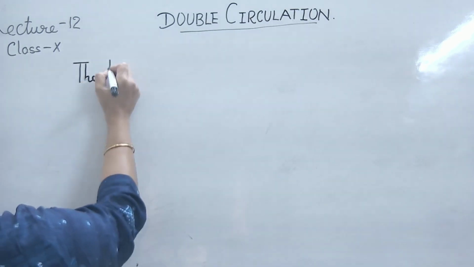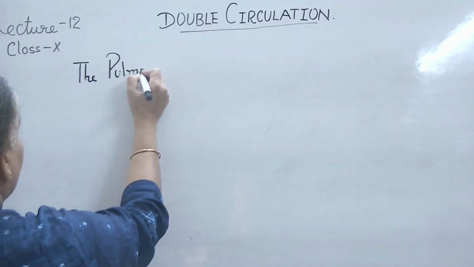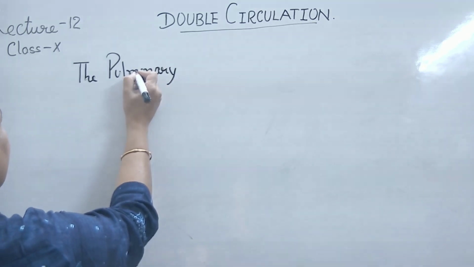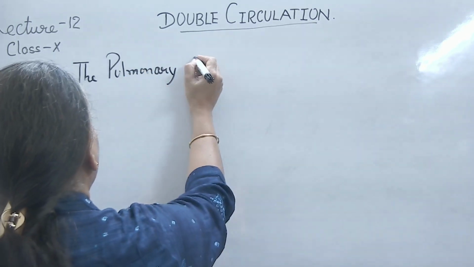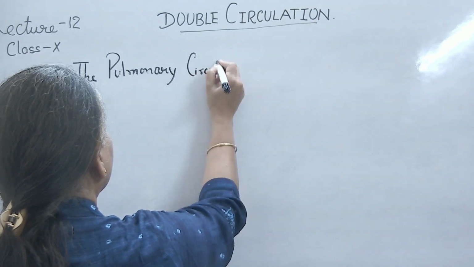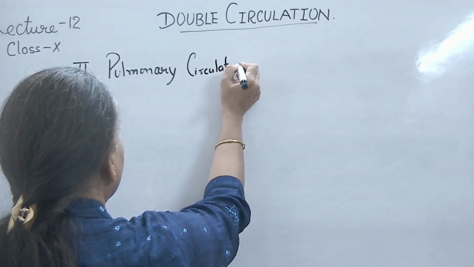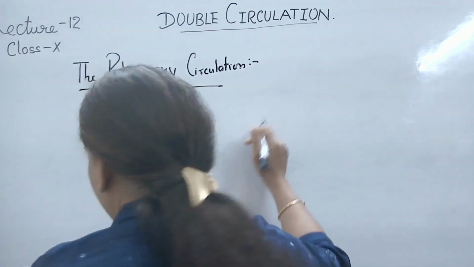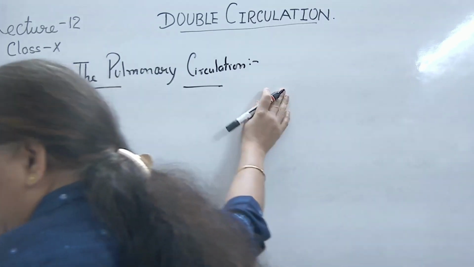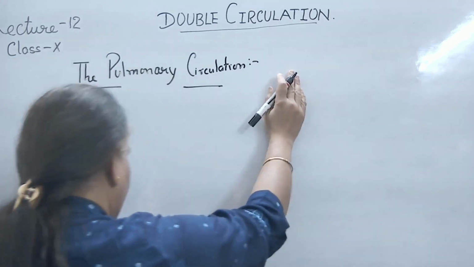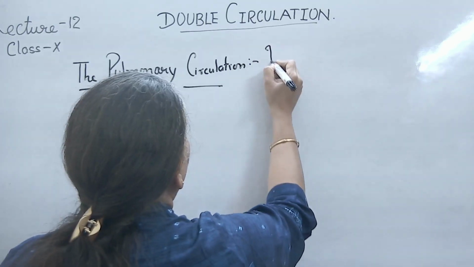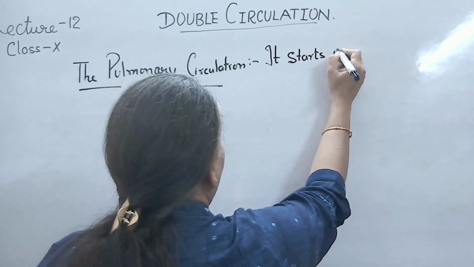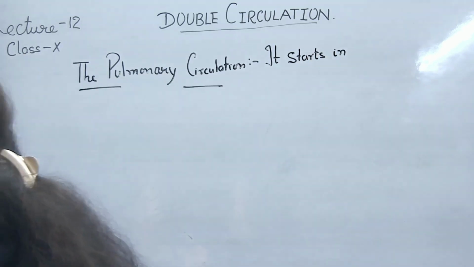The pulmonary circulation pertains to lungs and it starts in pulmonary artery. You can write it starts in pulmonary artery.